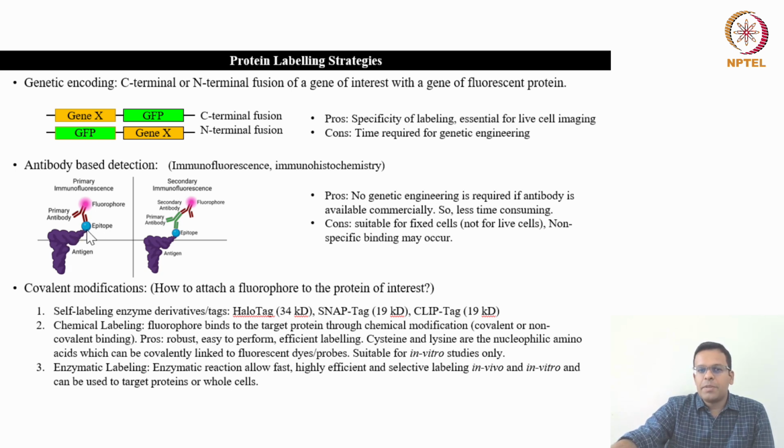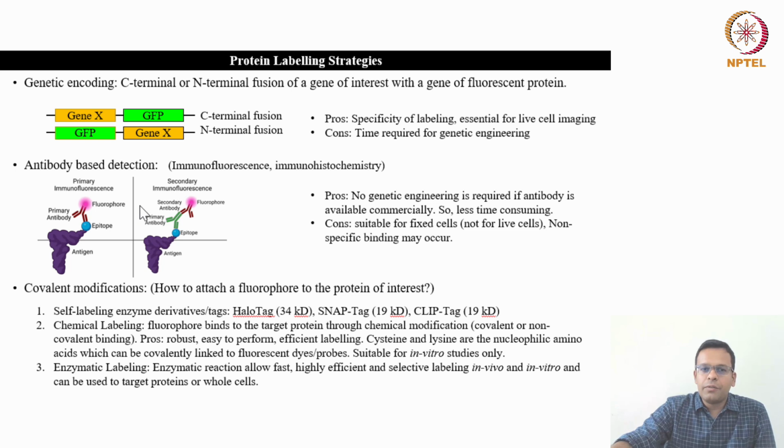It has a specific binding site for the primary antibody. The primary antibody is specific for this protein, and that primary antibody binds to this protein. At the Fc region of the primary antibody, you can see the fluorophore, that is a fluorescent dye attached to the antibody. So wherever this antibody binds in the cell, you will get some fluorescence.